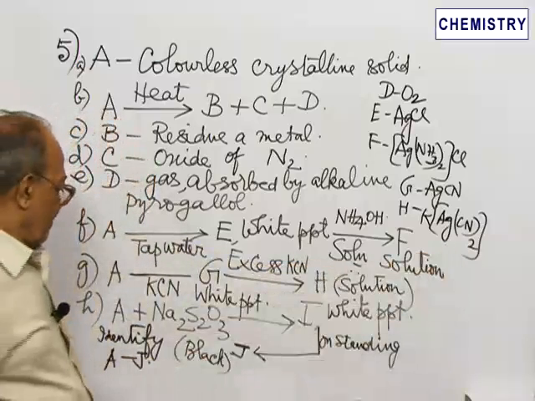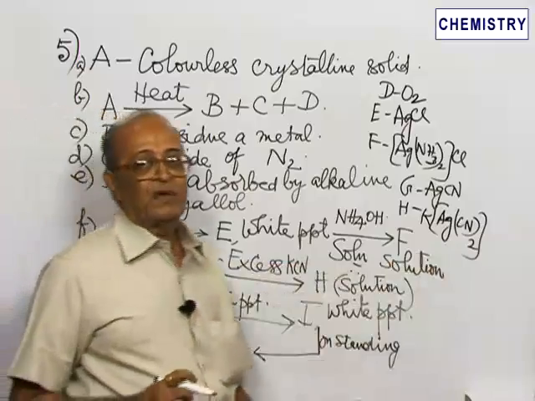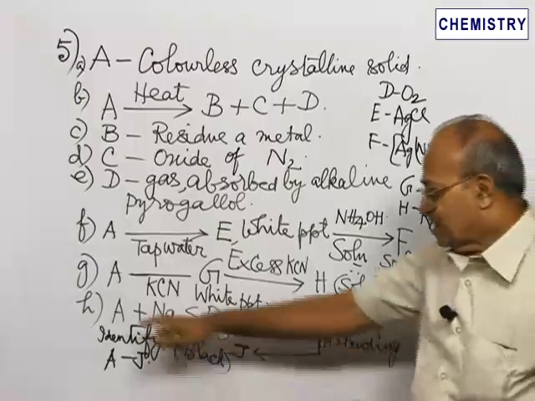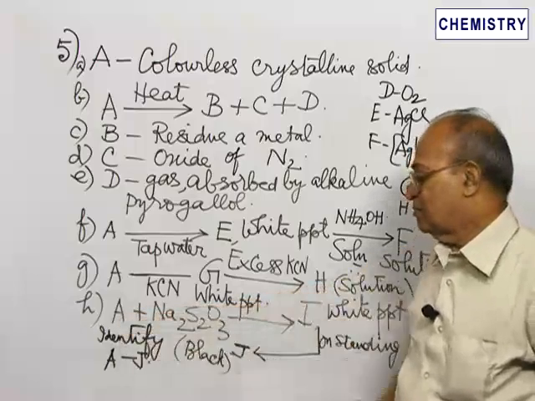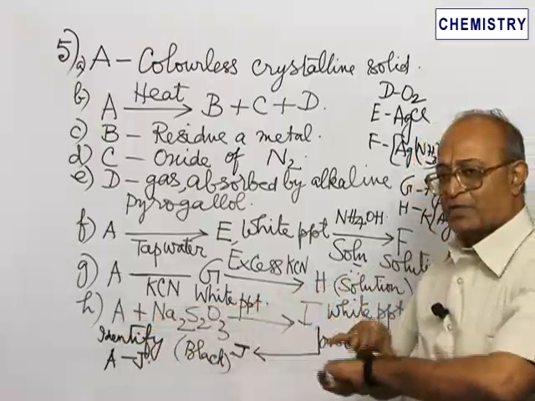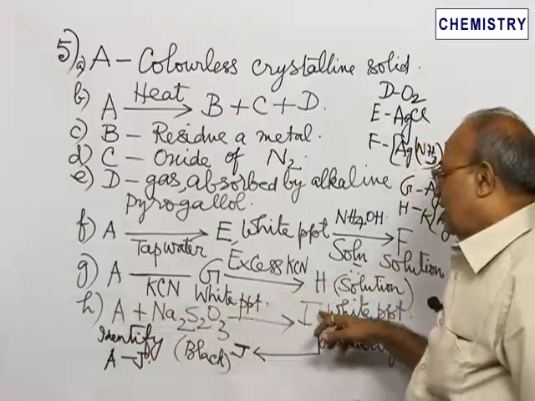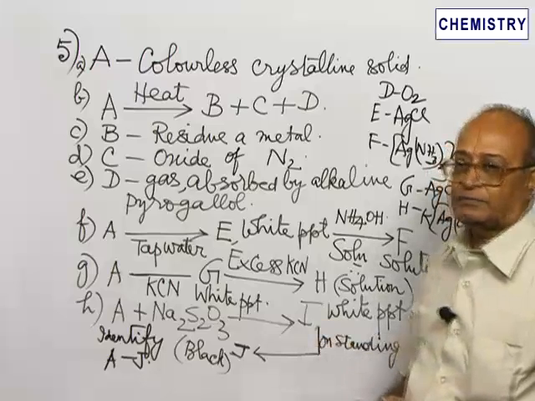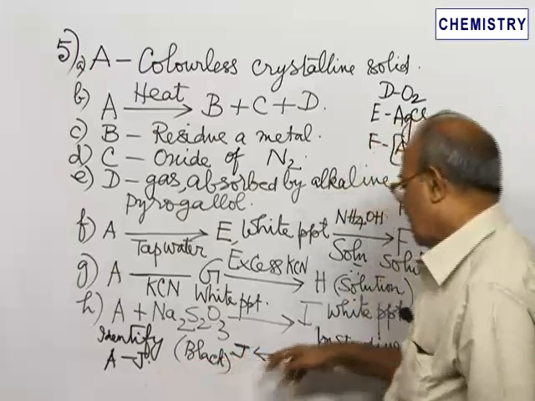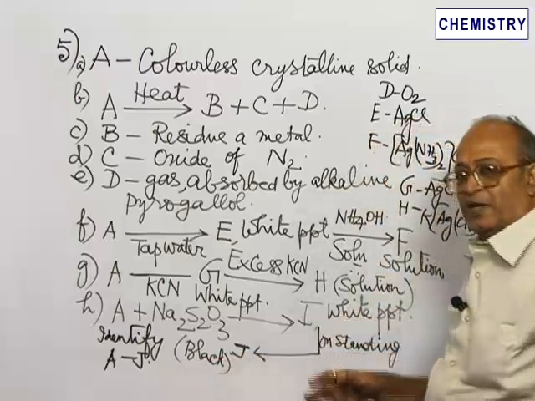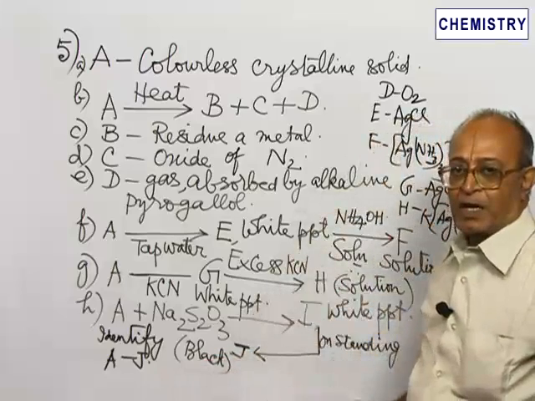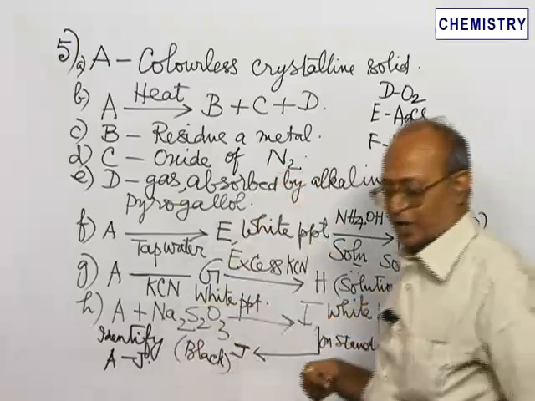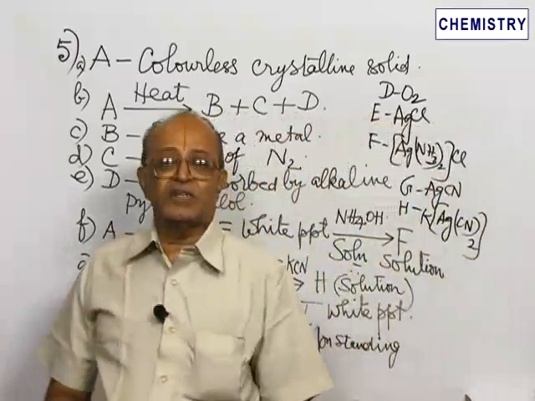All right. The last reaction: consider the original salt solution, add sodium thiosulfate solution, in which you get a white precipitate I. This white precipitate, when you allow it to stand for some time, we notice the color changes.